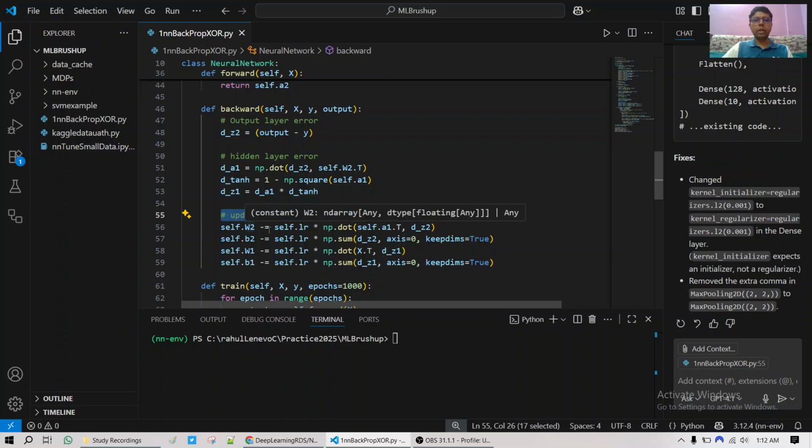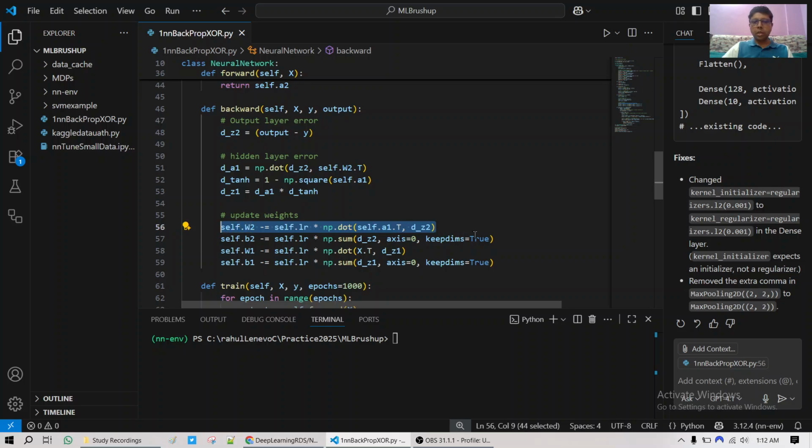So like old weight minus the new adjusted difference: the dot product of A1, that is the output, with the differences, right? So we have the difference, right? So output and differences.